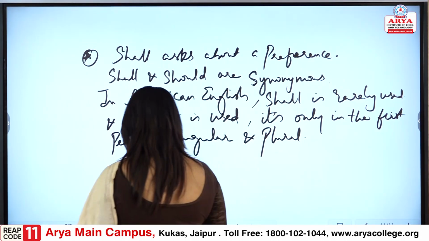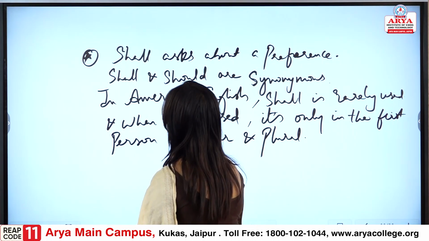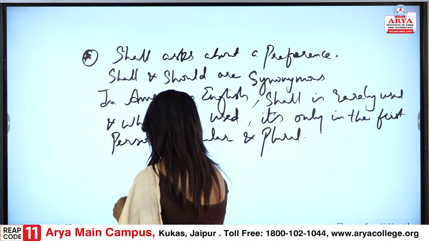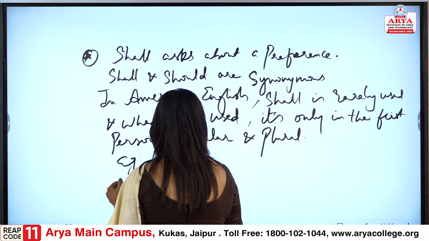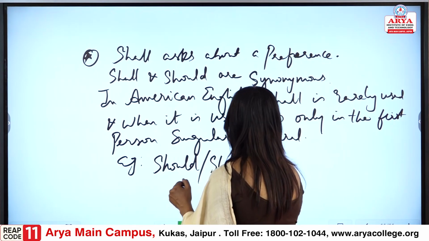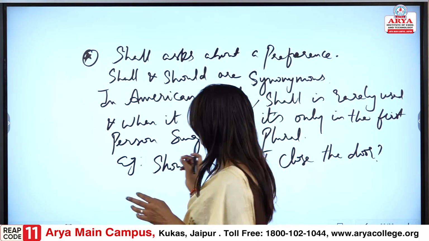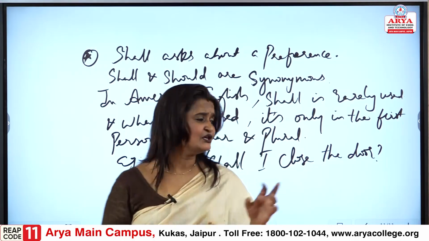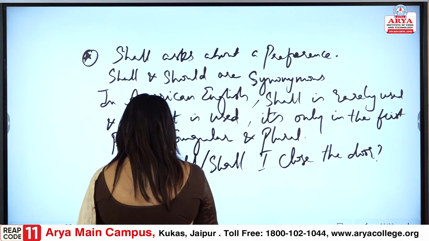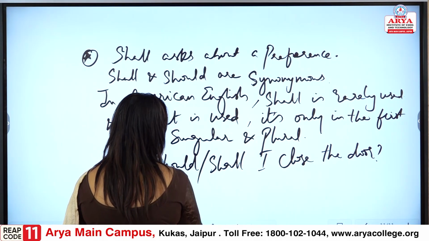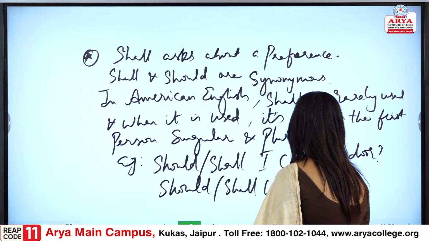Next, with this let me give you some examples. Should or shall I close the door? So again, both can be used: should I close the door, shall I close the door. Next example: should or shall we stay here?